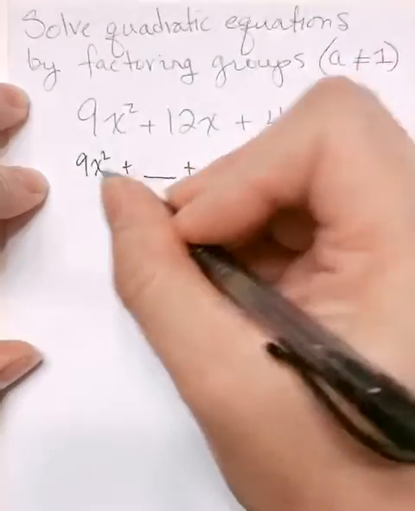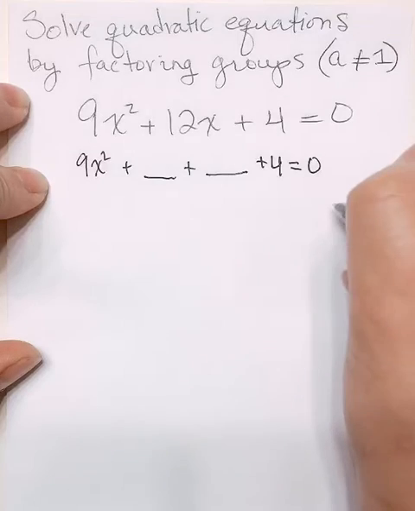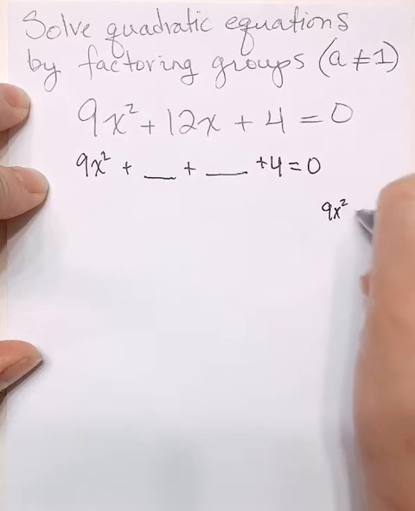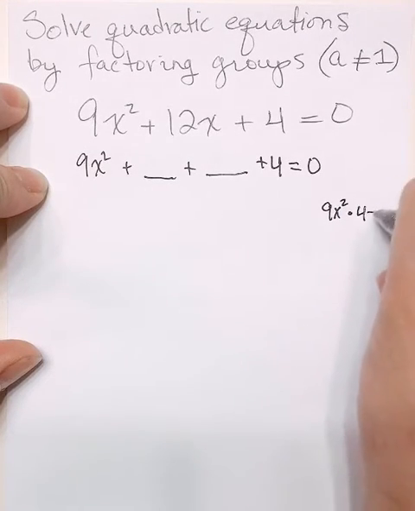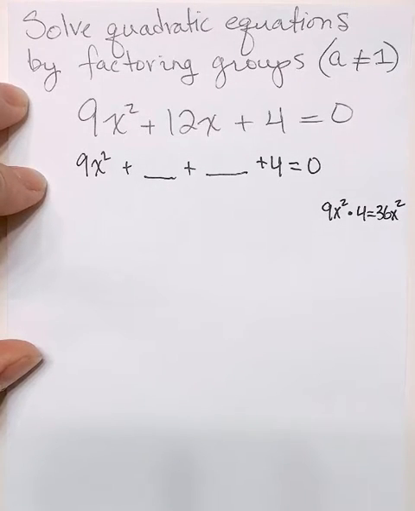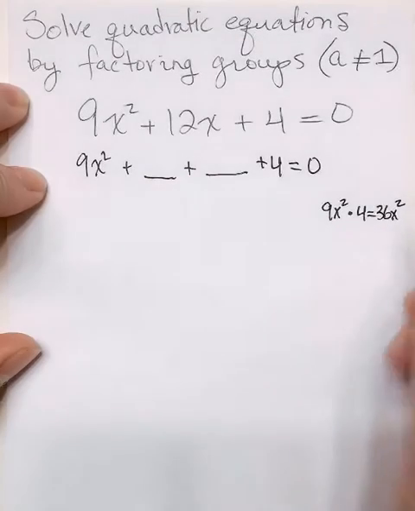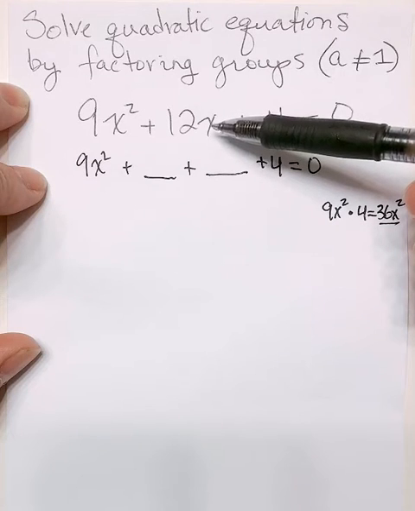What we do is we first multiply the 9x squared and the 4. So we do 9x squared times 4 on the side, and 9 times 4 is 36, so we get 36x squared. Then we ask ourselves a question: I need to come up with two numbers that multiply to give me 36x squared and will also add to give me 12.